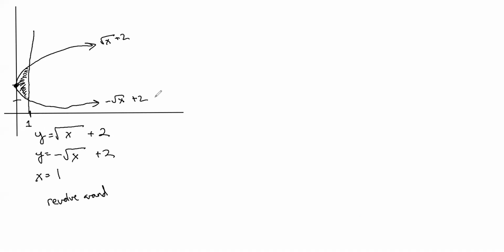And let's go ahead and revolve this around the line y equals 3. So this was 1, 2, here's 3. And so our axis of revolution is going to be this line right here.